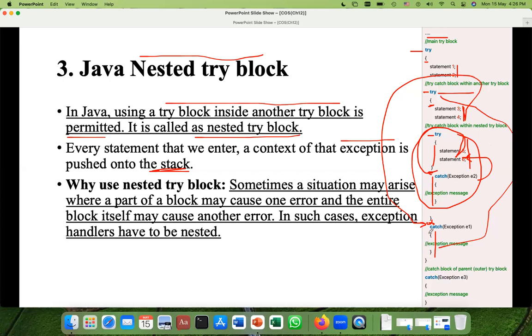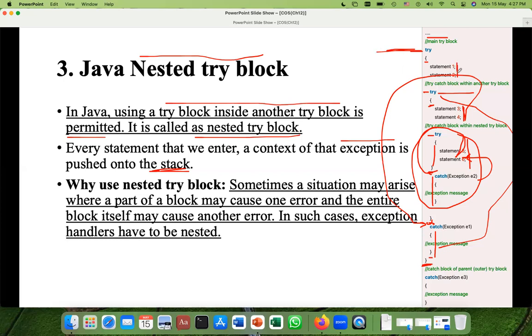Now, this is the end of that catch block, and now this is the end of something, but I don't know. This was the starting of the first try block, but I didn't find the closing bracket of that try block at that time. So that is the closing bracket of that first try block.